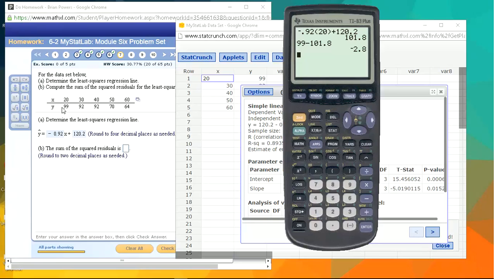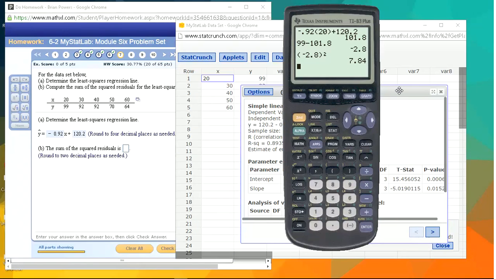So if you were to calculate a residual for each one of these, you would have 5 numbers. The sum of the squared residuals means you square each of these numbers. So you take 2.8 squared and add that to the next residual squared plus the next residual squared, and so forth.